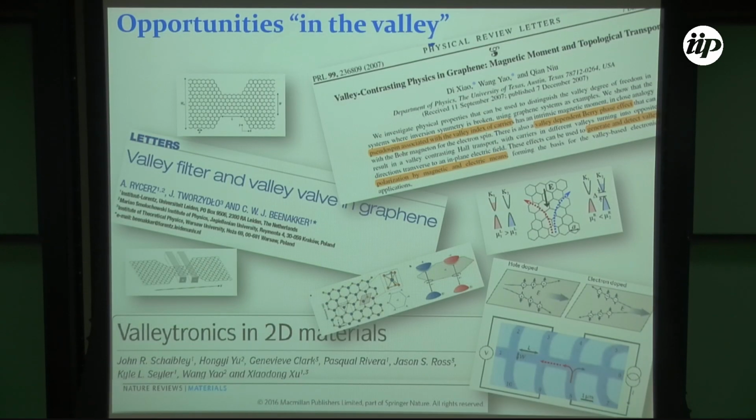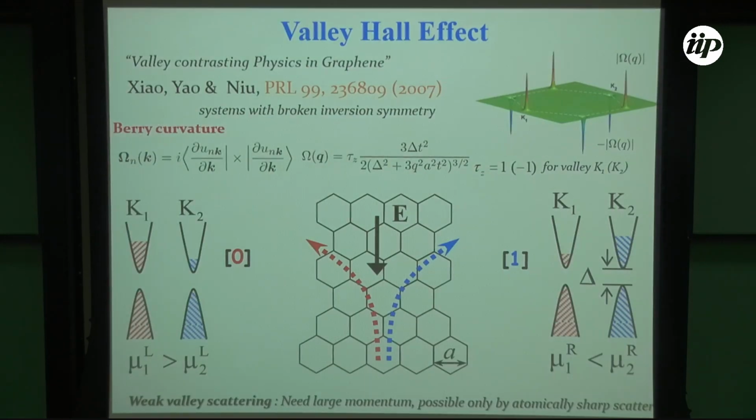Very early on, for instance, Carlo Beenakker, from the theoretical perspective, proposed a way to filter valley degrees of freedom in graphene. And I think this work initiated a lot of interest and a lot of experimental research in order to control optically the valley degrees of freedom.